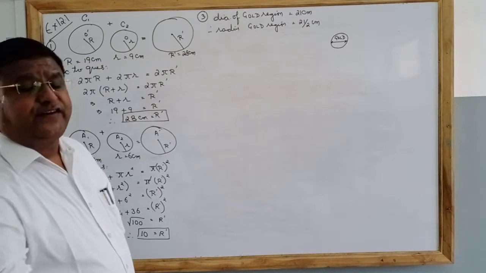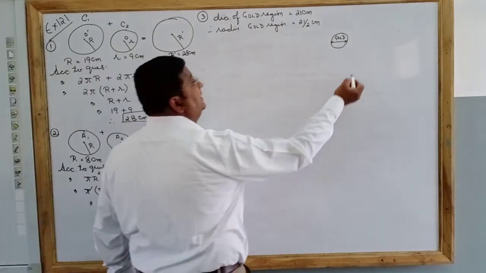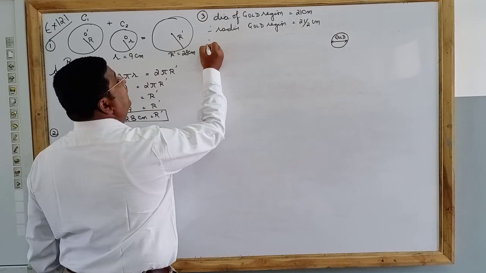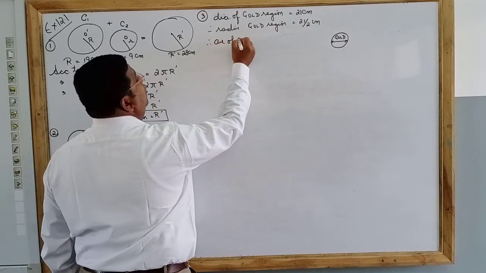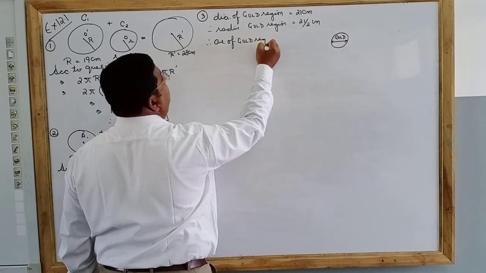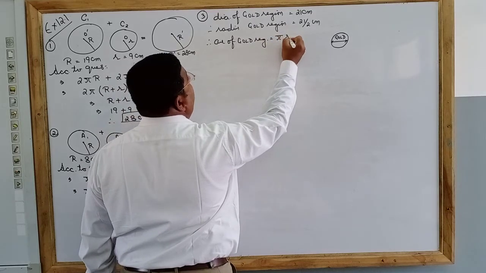So the first thing he says, find the area of each. So let us find out. I can see that it is a circle, gold. So therefore, area of gold region is equals to pi r square.